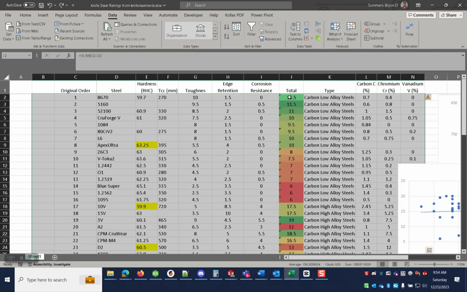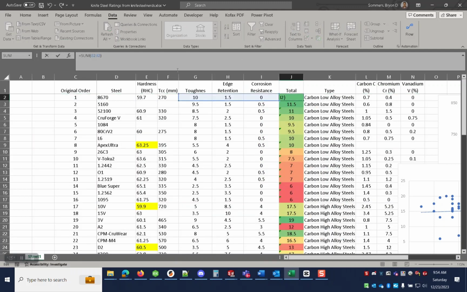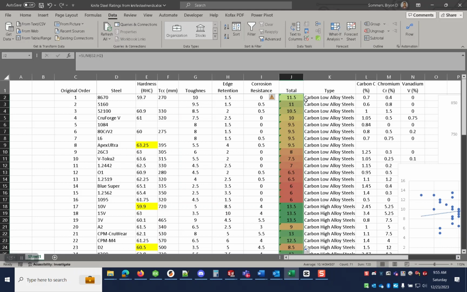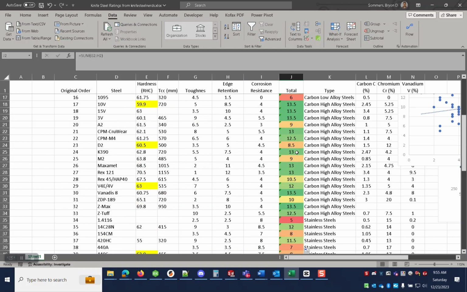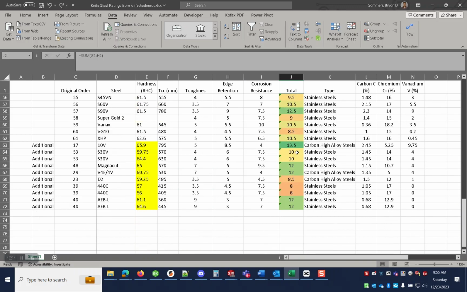So actually, if we removed corrosion, let's see what happens. I only do a total out of 20 for the two columns here, toughness and edge retention. Now what happens? It looks like 13.5 is about the maximum, and we have quite a few.